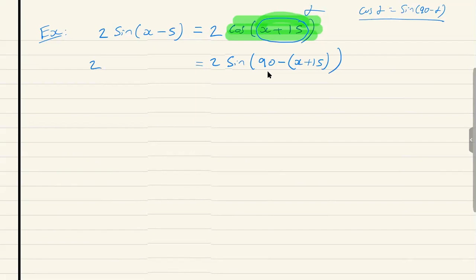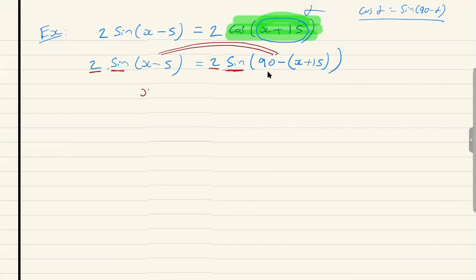So 2 sine of x minus 5 is equal to 2 sine of 90 minus x minus 15. You can divide each side by 2, coefficient 2, but it doesn't matter. So coefficients are same, functions are same, so inside these functions, angles must be same.